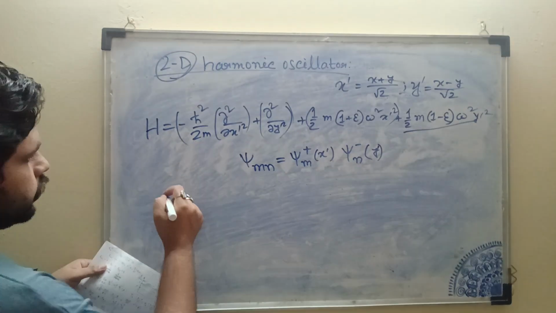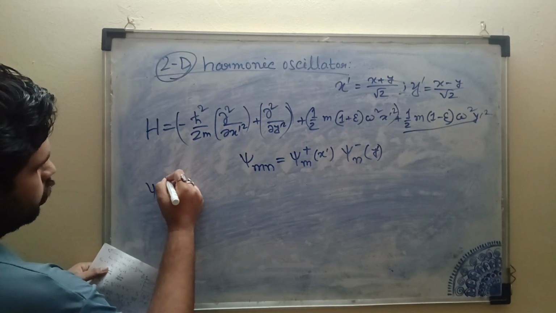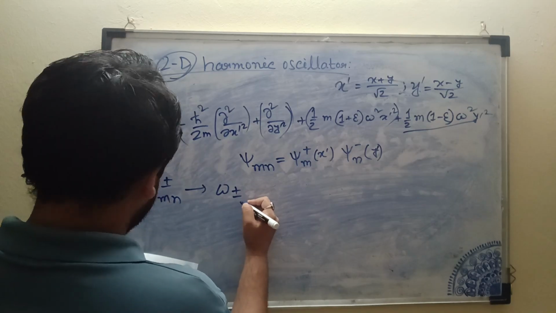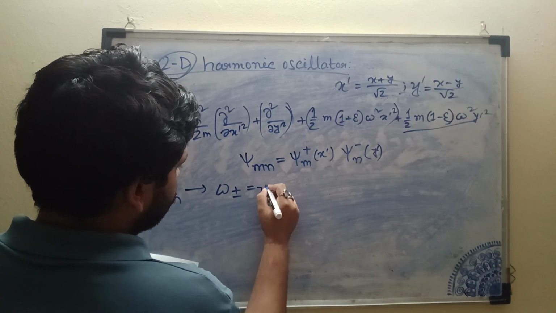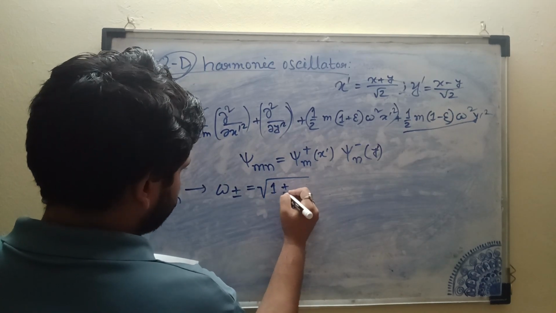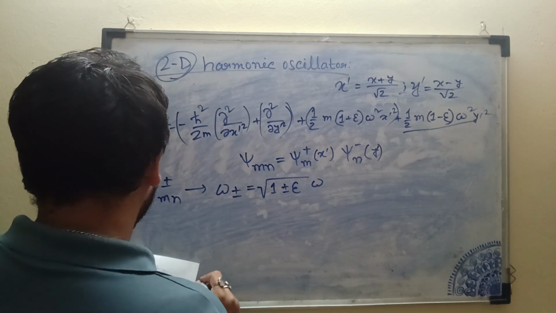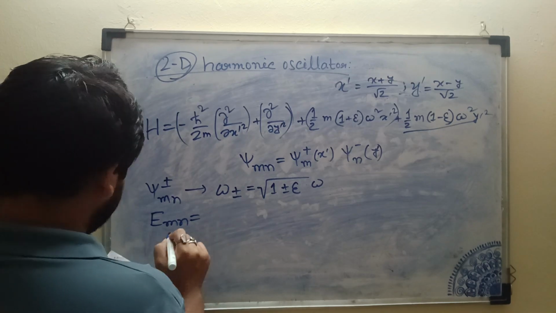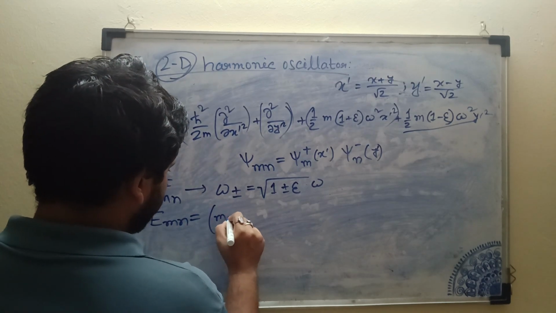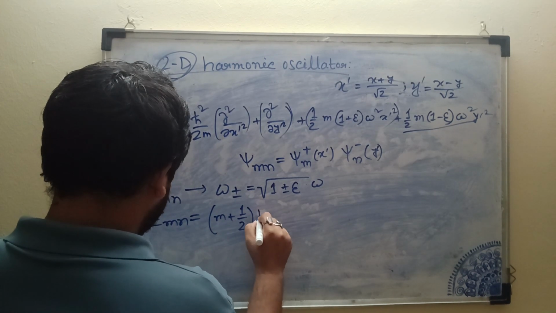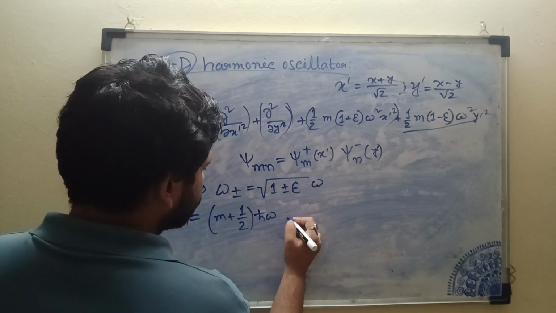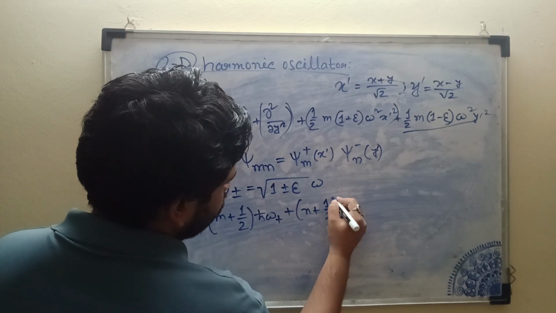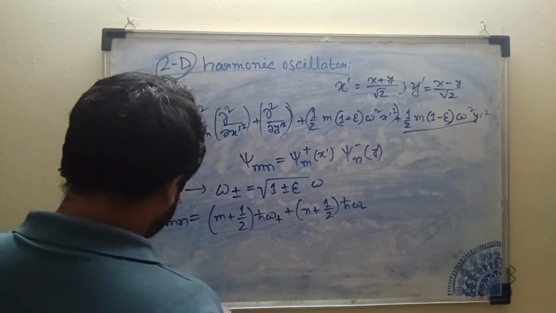For psi m n, plus minus, there will be the characteristic frequencies like this, and the corresponding energy eigenvalue will be (m plus half) h bar omega plus plus (n plus half) h bar omega minus.